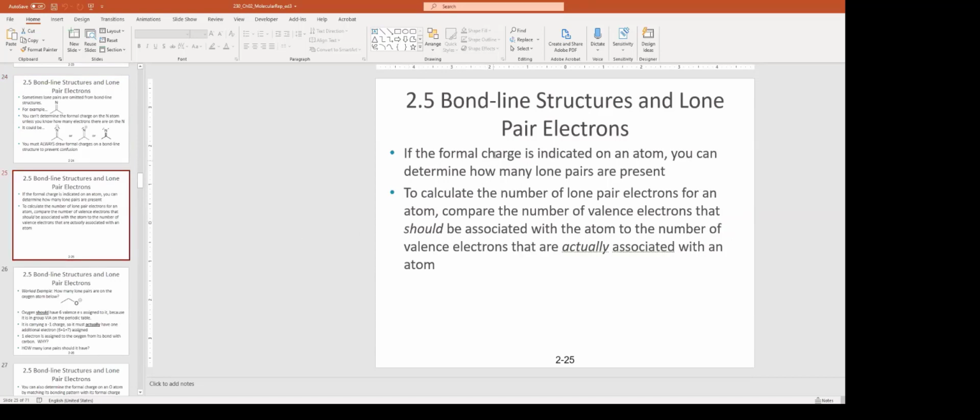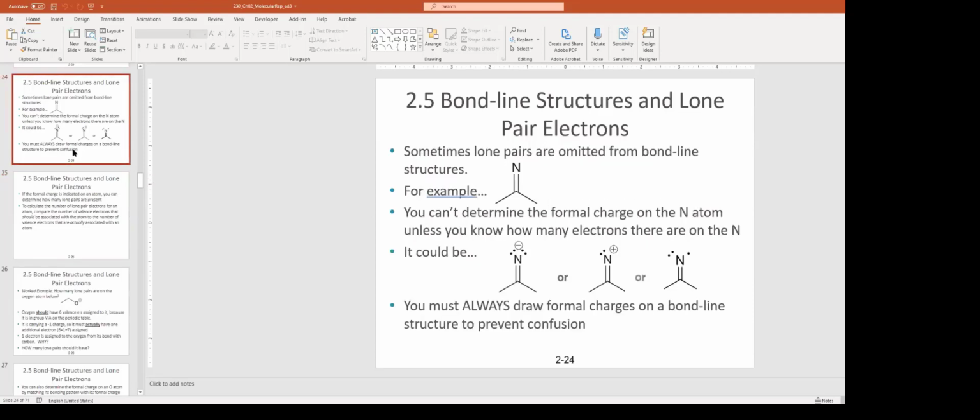As I said, if you know the formal charge, you can always figure out how many lone pairs are present, because we have the calculation. It is the valence minus the number of bonds minus the lone pair electrons. So if you saw a minus on this nitrogen, that means 6 would be the number of electrons you have.